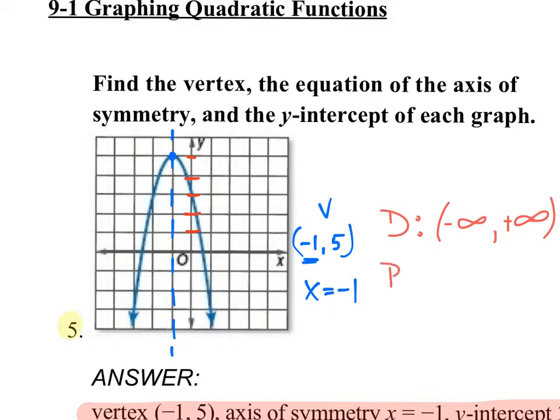Okay, range. What's my range on this one? I'm interested to see where we can go with this one. Justin, I'll take it. Bracket 5. Oh, negative. So close. Negative infinity or 5.